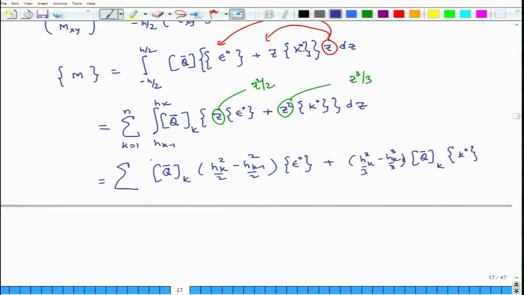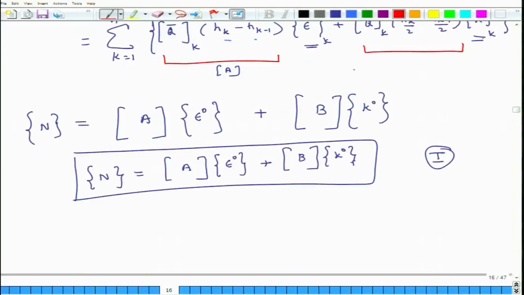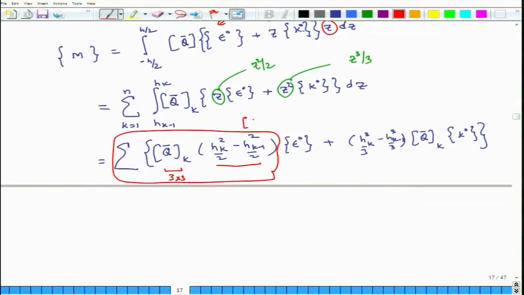This is in a parenthesis. Once again this is a 3 by 3 matrix, and this is just a number. This entire thing we have defined as the B matrix earlier.